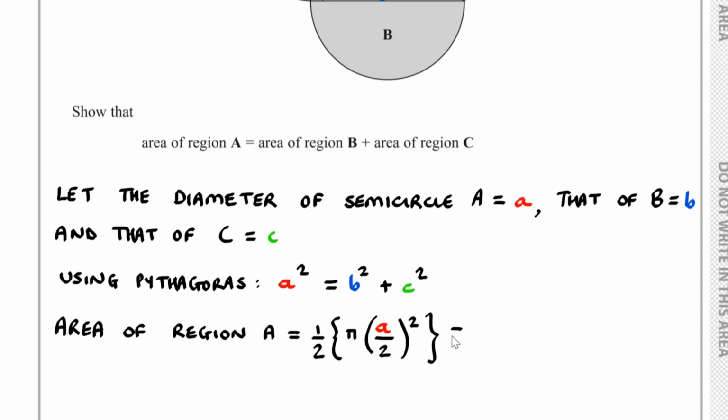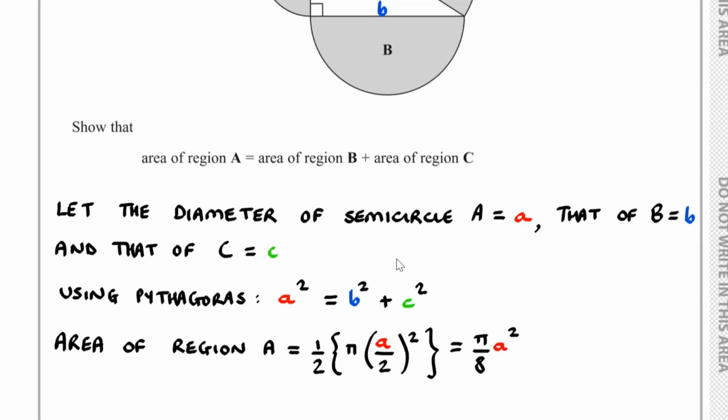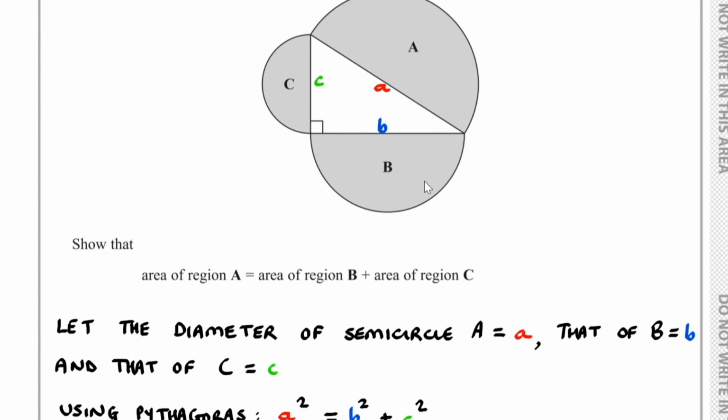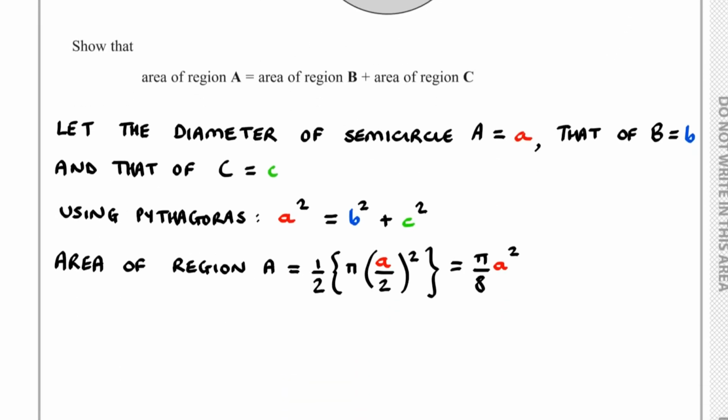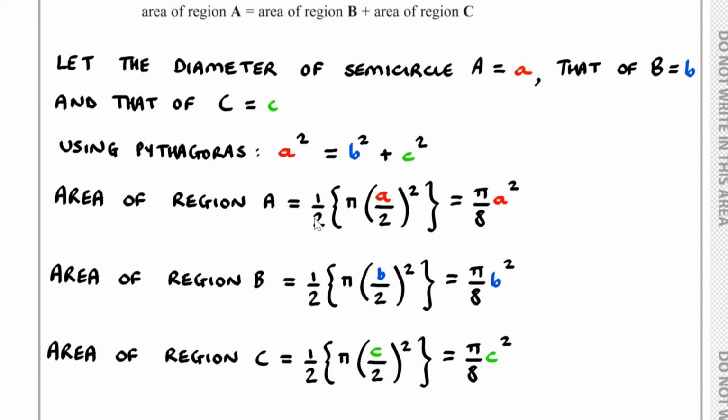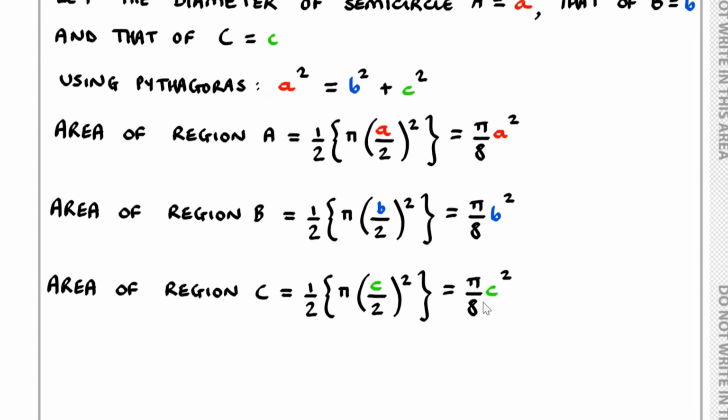And if I work this out, it turns out we get pi over 8 a squared. And we can do a similar thing with the regions B and C. So similarly, the area of region B is pi over 8 b squared, and the area of region C is equal to pi over 8 c squared.